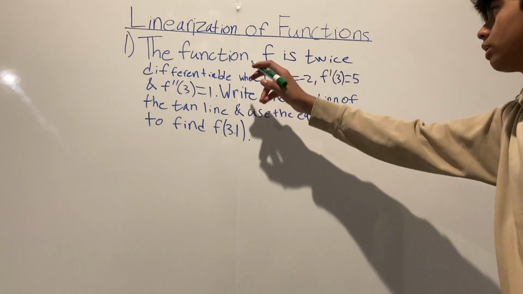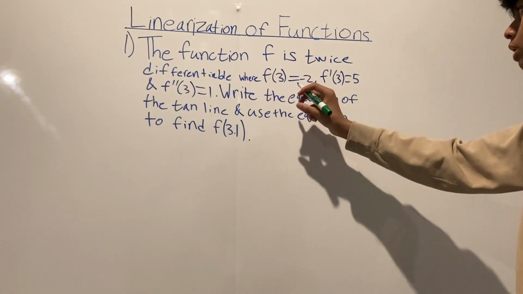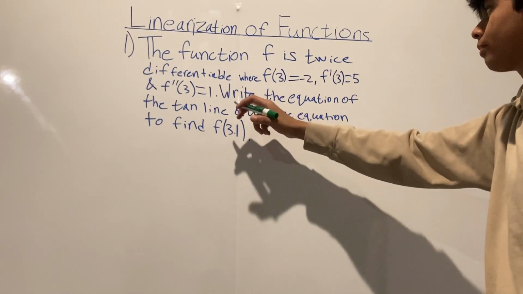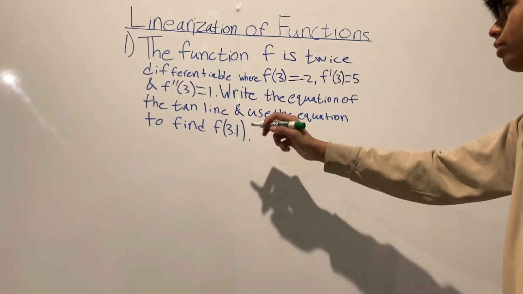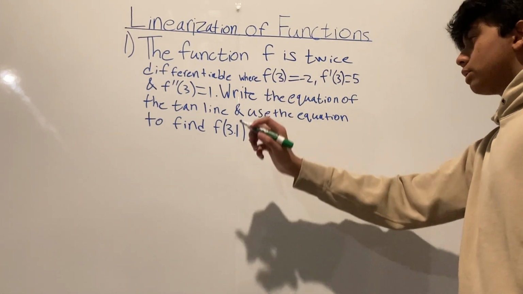Question 1, we have the function f is twice differentiable where f of 3 equals negative 2, f prime of 3 equals 5, and f double prime of 3 equals 1. Write the equation of the tangent line and use the equation to find f of 3.1. So first, let's get our components.